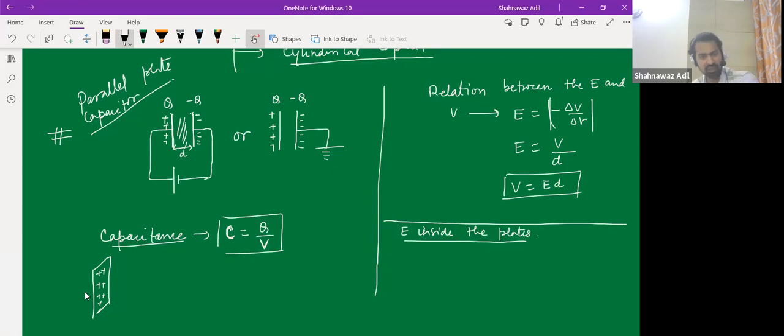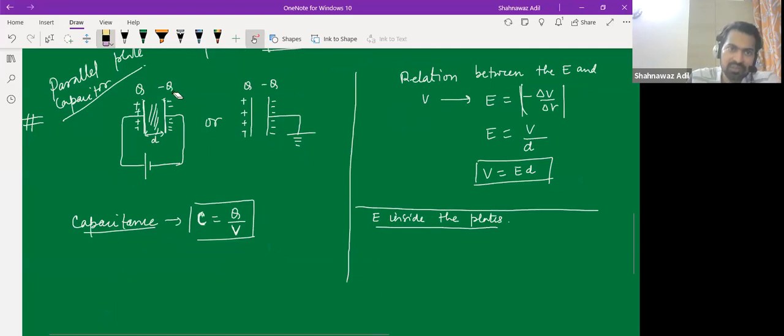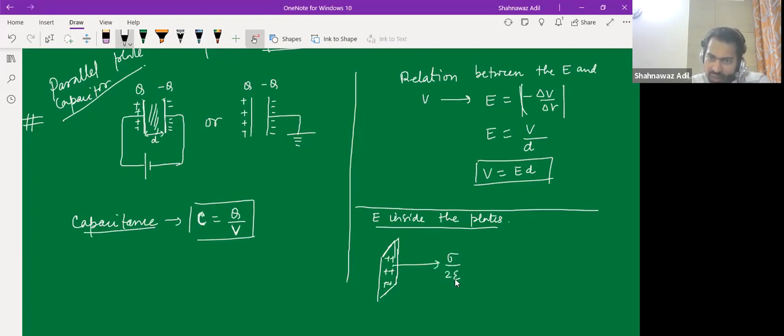Electric field is the first chapter. The infinite sheet has sigma by 2 epsilon naught in this direction, and in this direction it is sigma by 2 epsilon naught. So it has this kind of electric field. Am I correct?